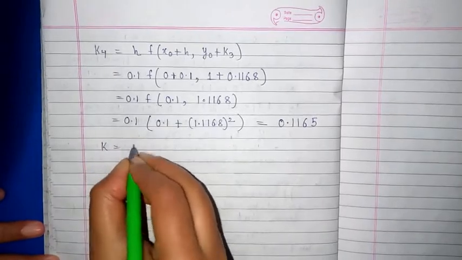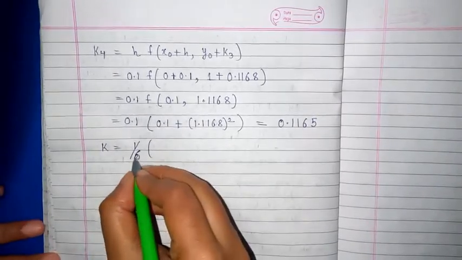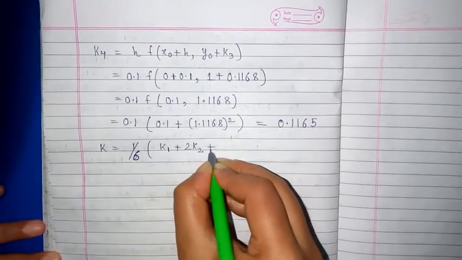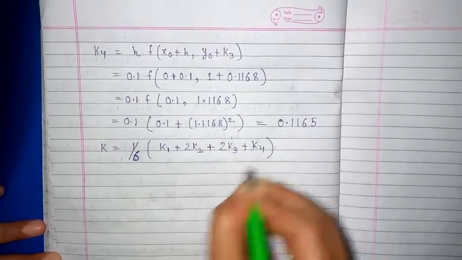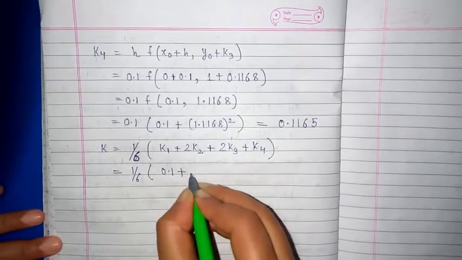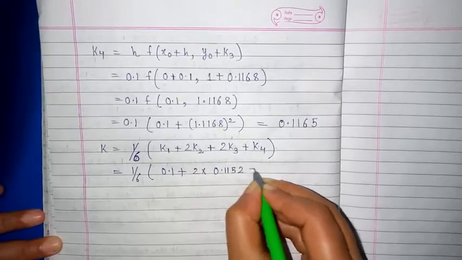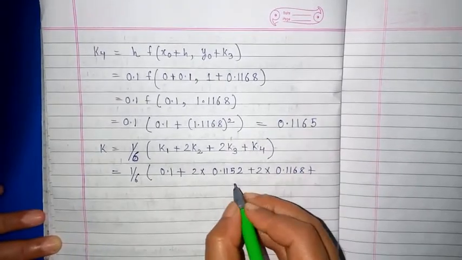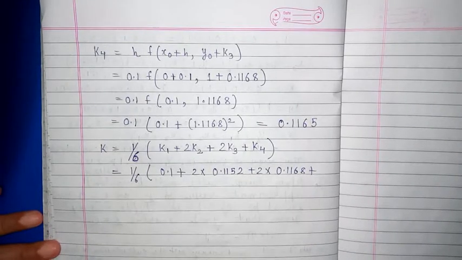Now we have to find the value of k. It's 1/6 of (k1 plus 2k2 plus 2k3 plus k4). Now 1/6 of k1 we have got 0.1, plus 2 multiplied by 0.1152, plus 2 multiplied by 0.1168, plus k4.